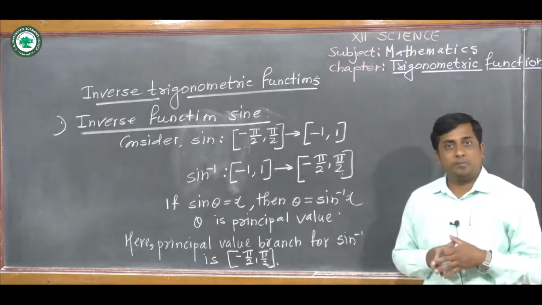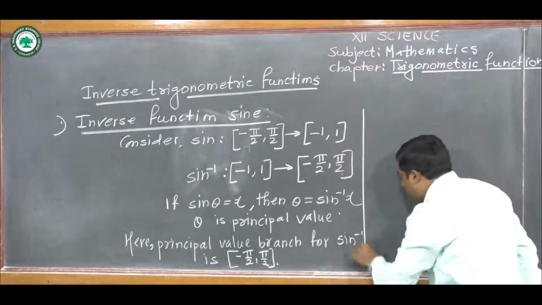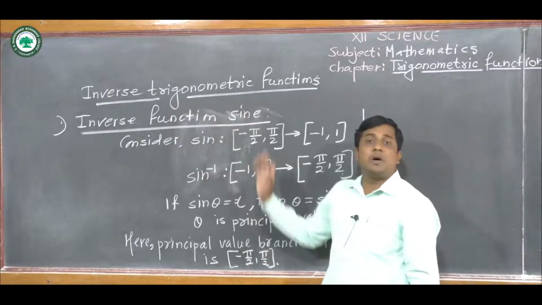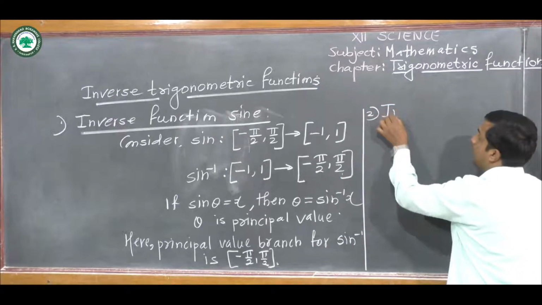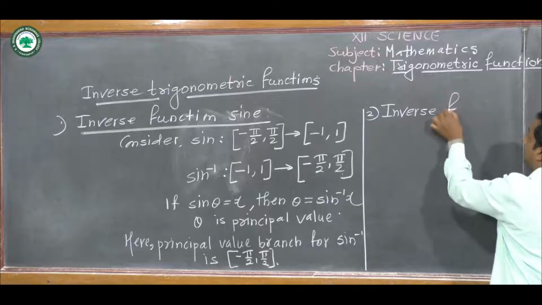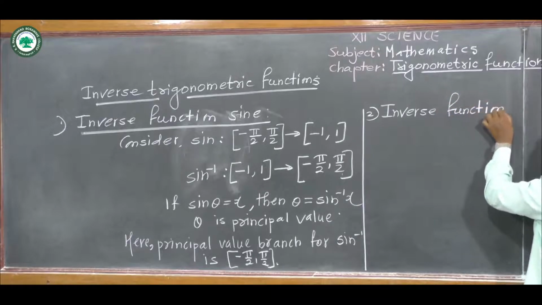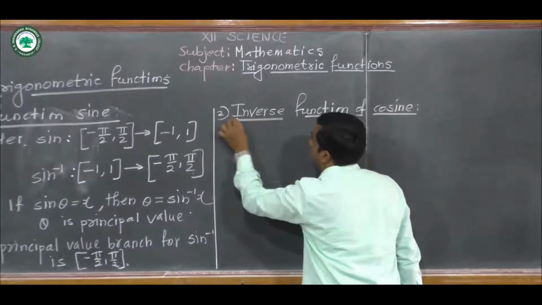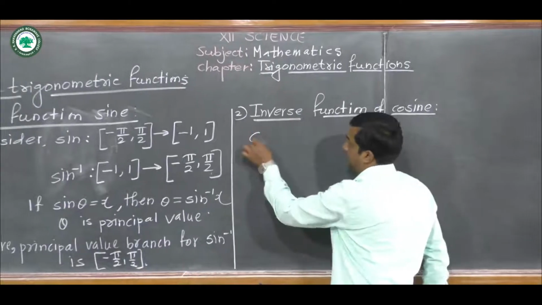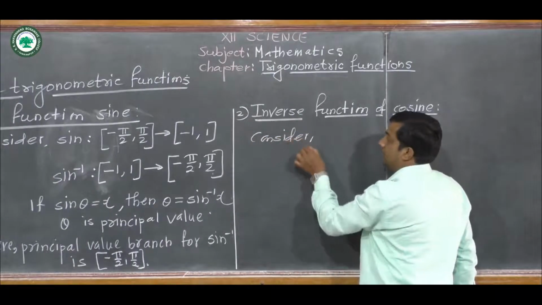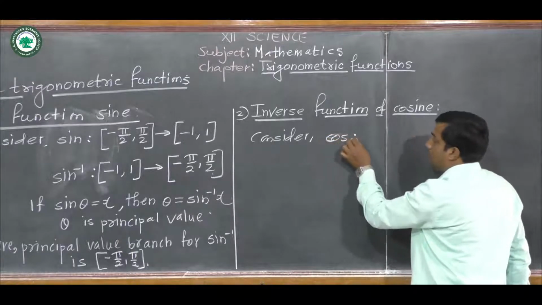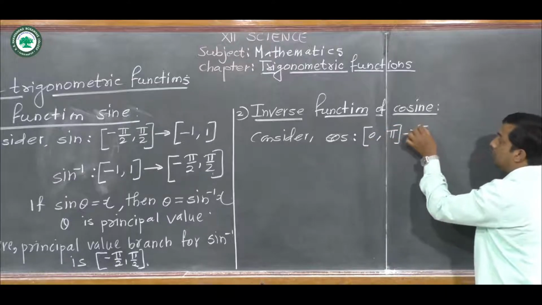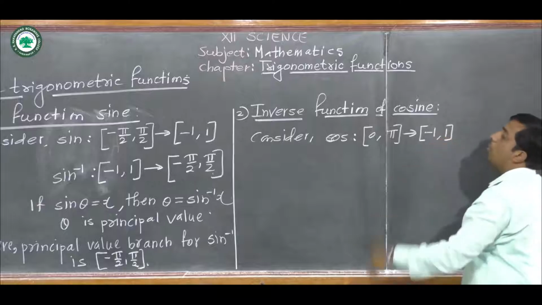So remember this point. Let's go with our next trigonometric function, cosine. Here we consider the inverse function of cosine. Cos maps from closed interval 0 to pi to closed interval minus 1 to 1.